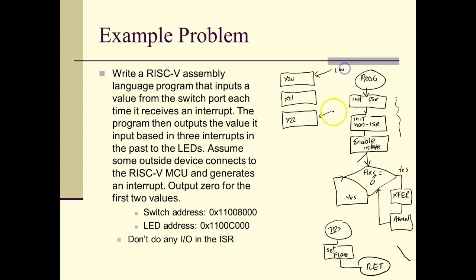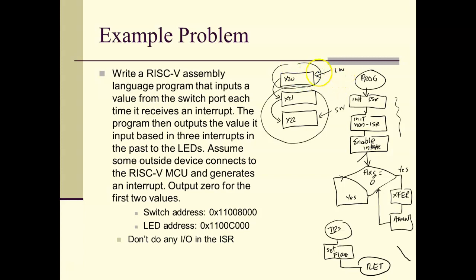So this will be load, and this will be store. And once I do that, I'm going to take this value and copy it there, and then take this value and copy it there. Okay, so then I've stored the last 2 values. It's ready for the next interrupt.